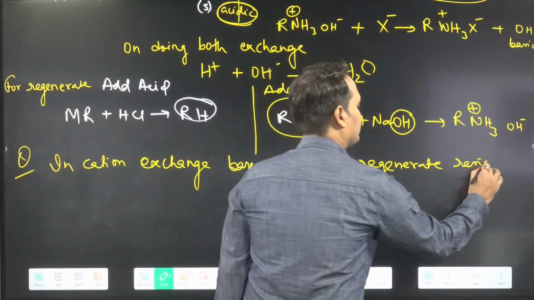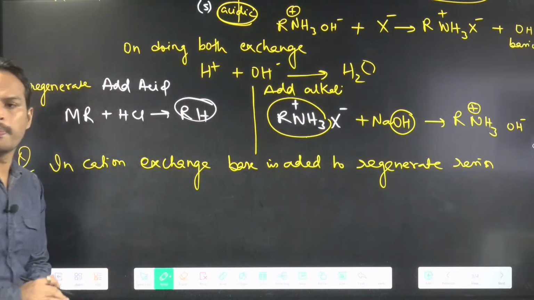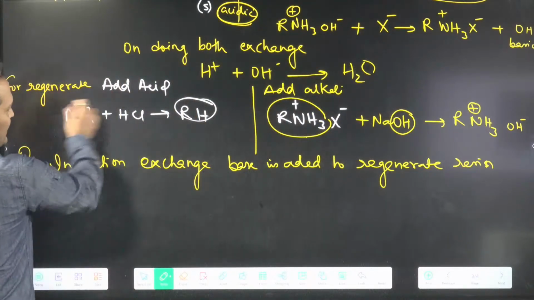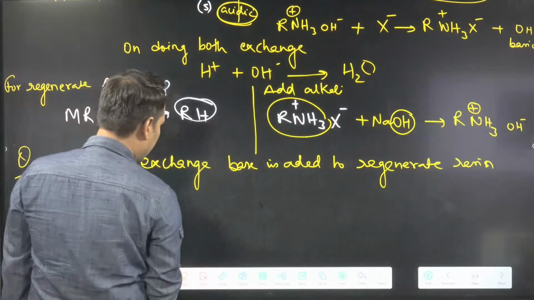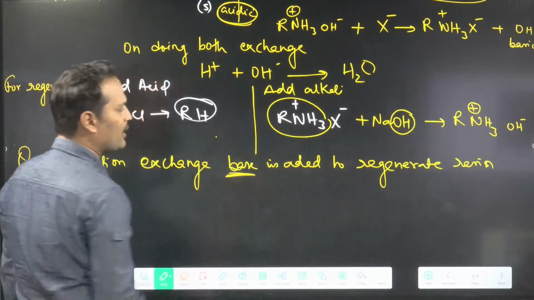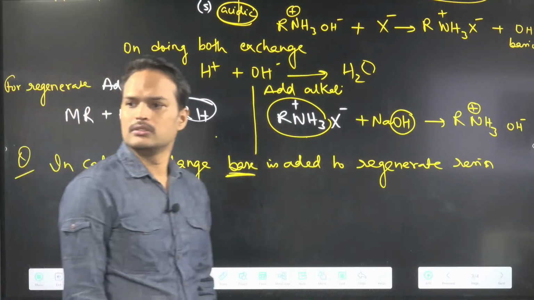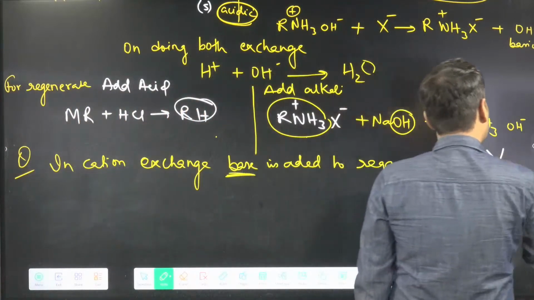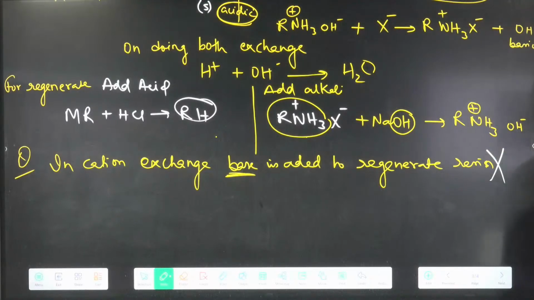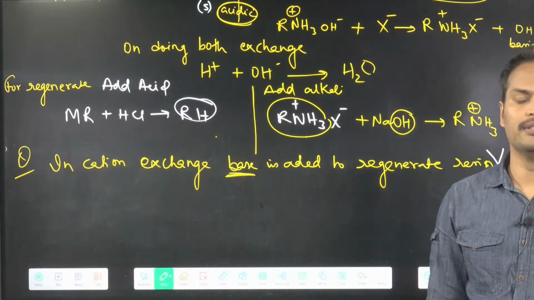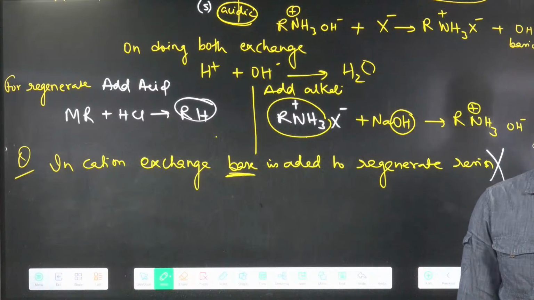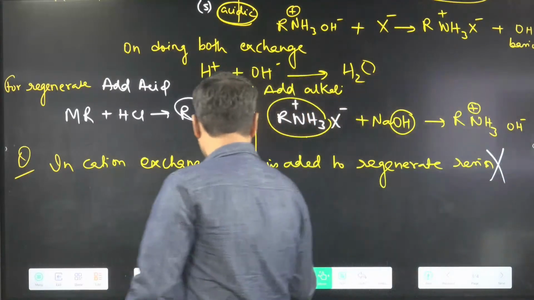True or false? Tell me. In cation exchange, this is your cation exchange, base was added. Tell me, is base added or acid added? Say, Surya. So this statement is wrong. You will have to be careful. Acid is added in cation exchange. You just remember this. In cation I want H plus, so I will add acid. In anion I will add base. Clear with this point? Okay.